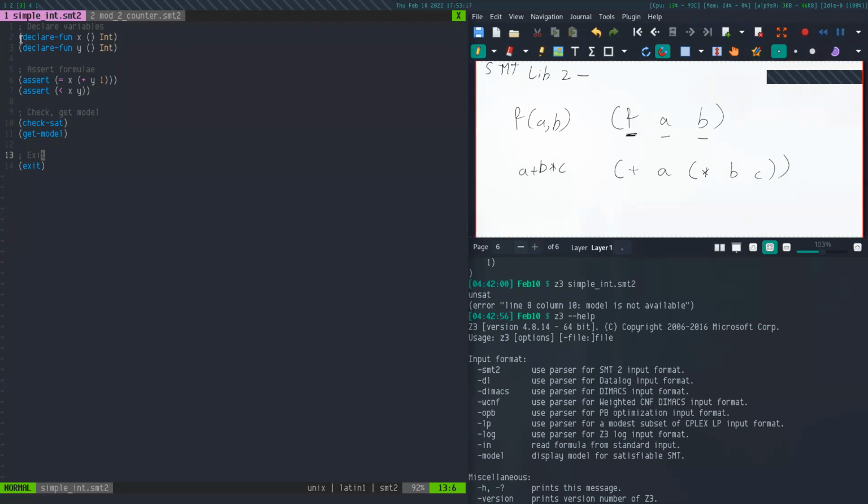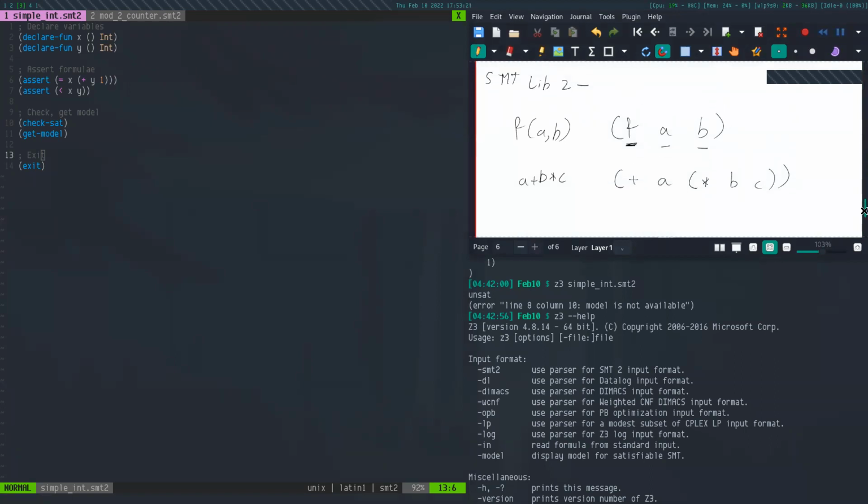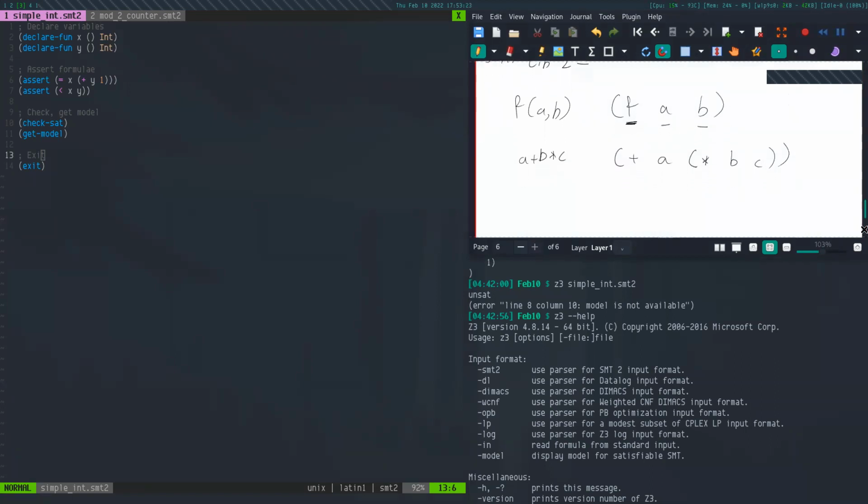One of the things is that in SMT-lib2, the way it's defined, there is no declaration of variables. The only thing you can declare is a function. So any declaration is a declaration of a function, right?